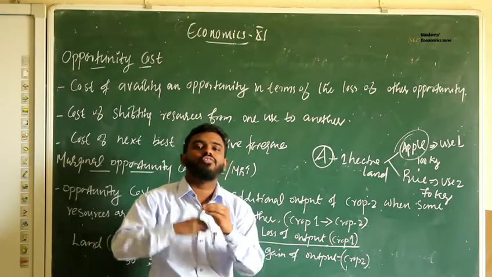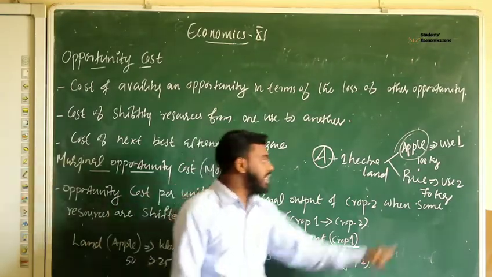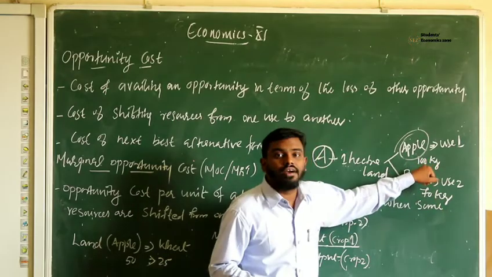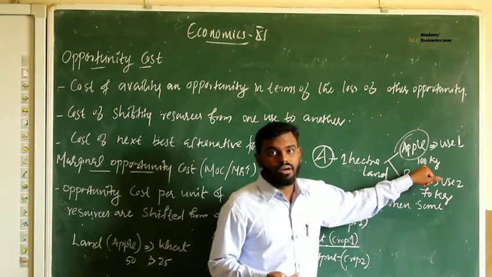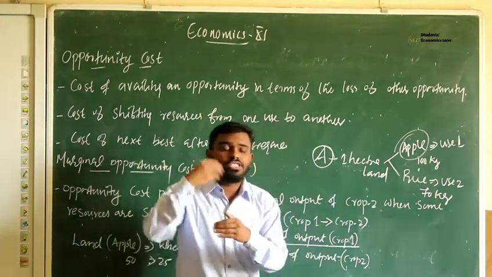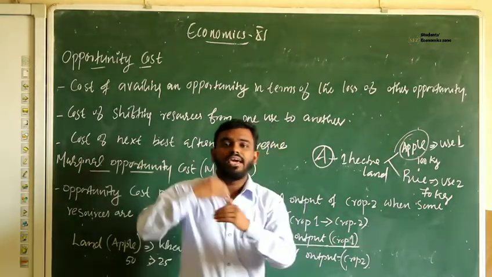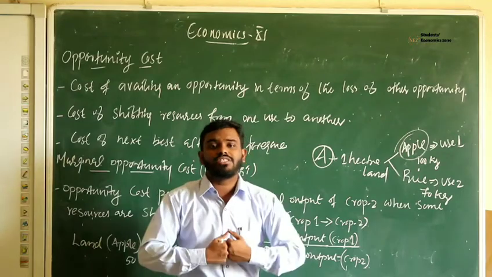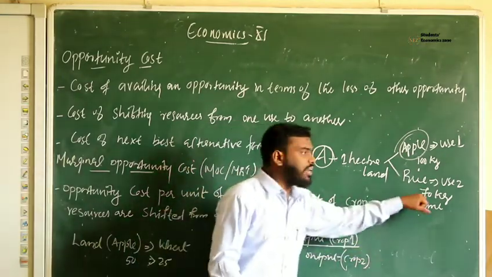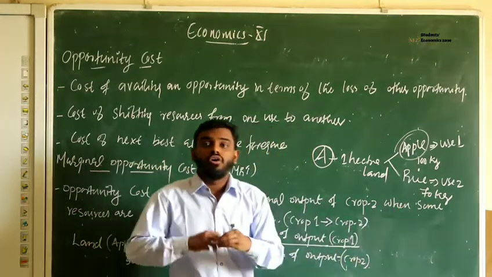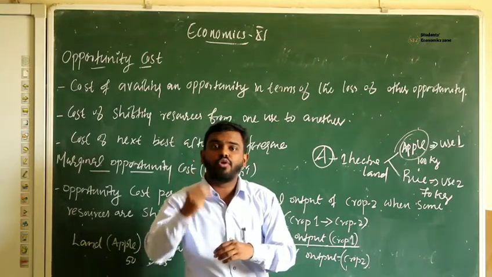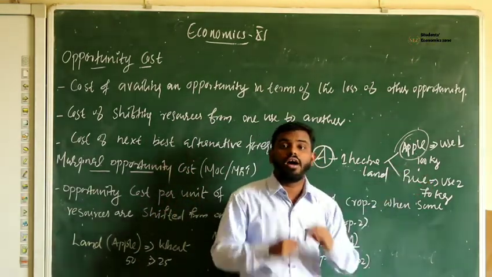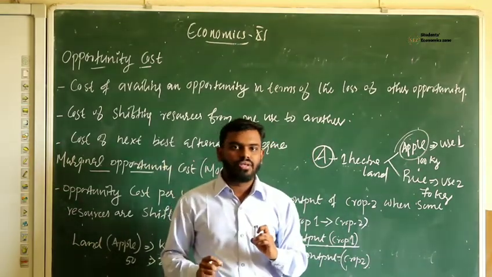So how much rice is he sacrificing? 70 kilogram of rice, for producing 100 kilogram of apple. At the same time, if he uses his land for producing rice, he can produce 70 kilogram of rice by sacrificing 100 kilogram of apple.